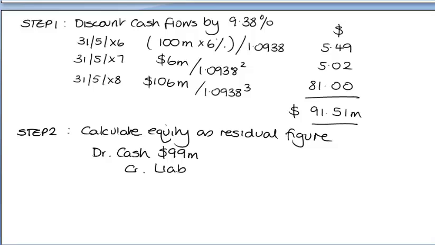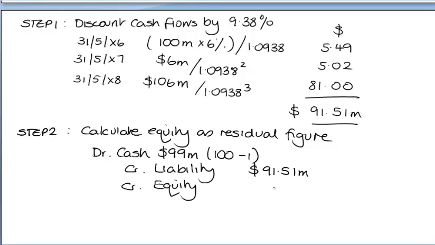Credit liability, because remember that's 100 million less the 1 million issue costs. Debit the liability 91.51 million and credit equity with the balancing figure of 7.49 million.